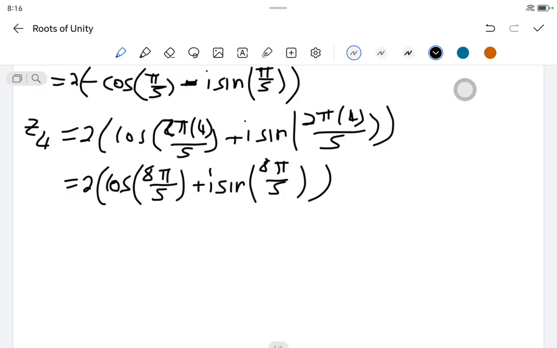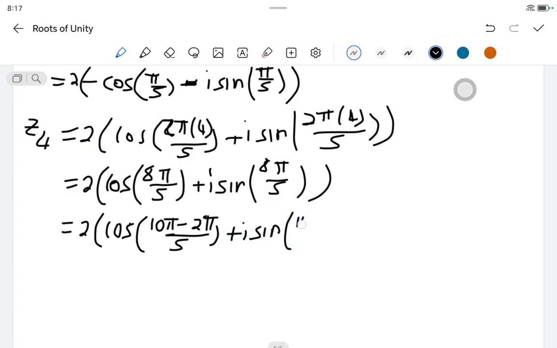If we also expand it, we get cos of 10 pi minus 2 pi over 5 plus I sine of 10 pi minus 2 pi over 5. Some may ask, why didn't I choose 5 pi plus 3 pi? The distance from 5 to 8 is 3, and the distance from 8 to 10 is 2. So I always prefer the lesser distance, and I believe you'll also prefer that.